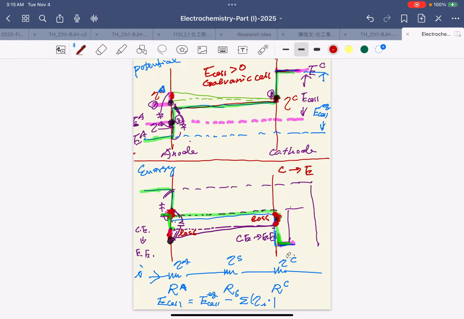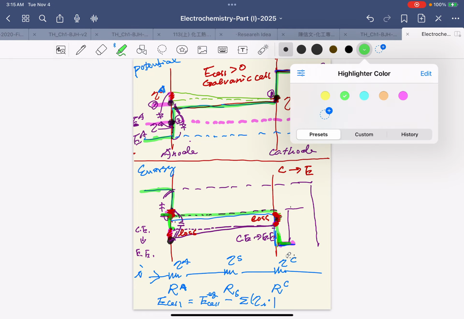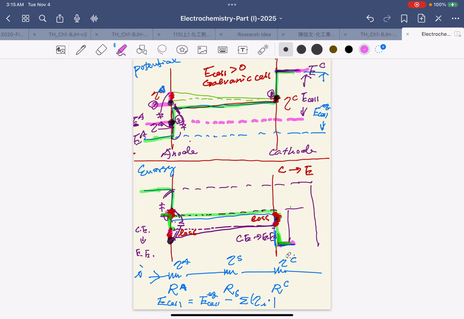So if you draw the real condition, the real curve will be like this. Okay? I need to draw very fast.